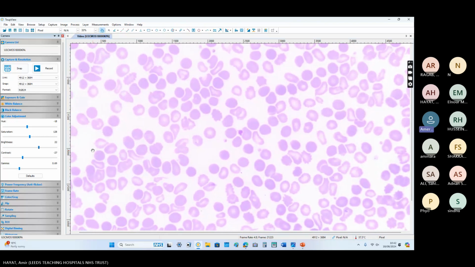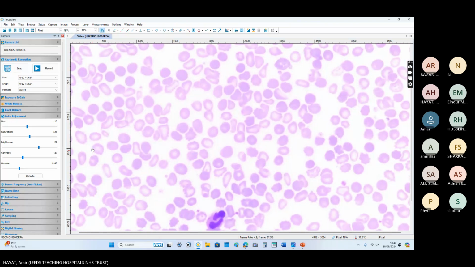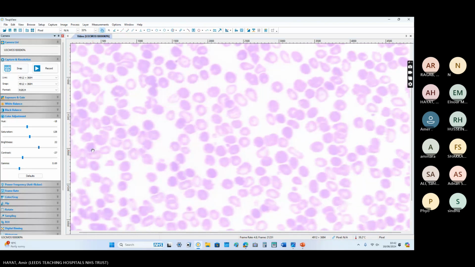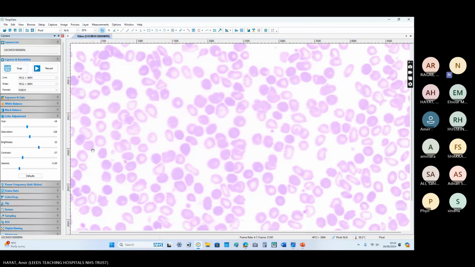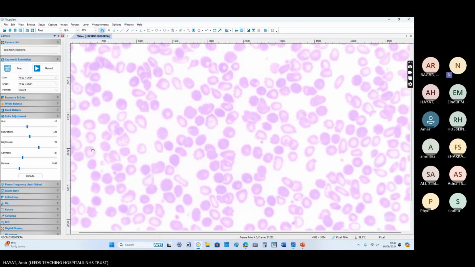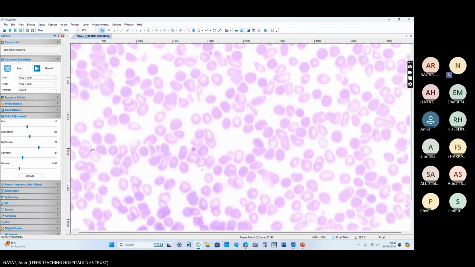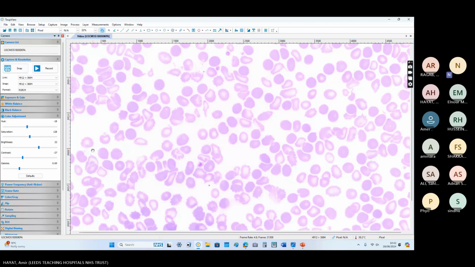Report the blood film just like you would do for the exam. Okay, the RBC morphology shows a dimorphic blood picture along with anisopoikilocytosis. There are teardrops, there are microcytes, hypochromic cells.